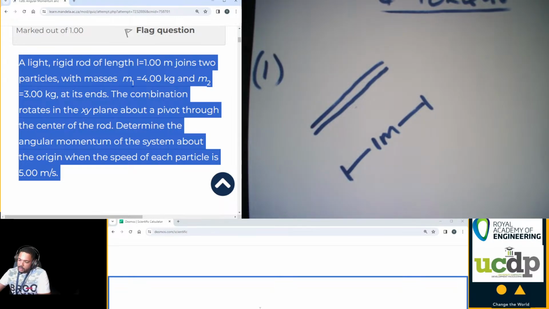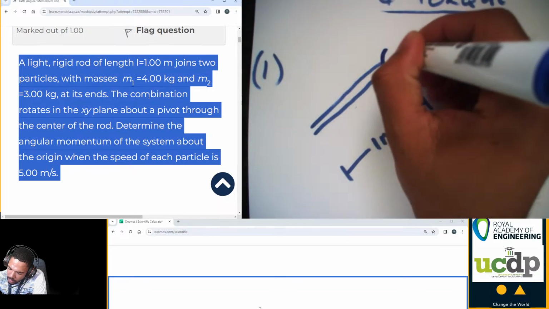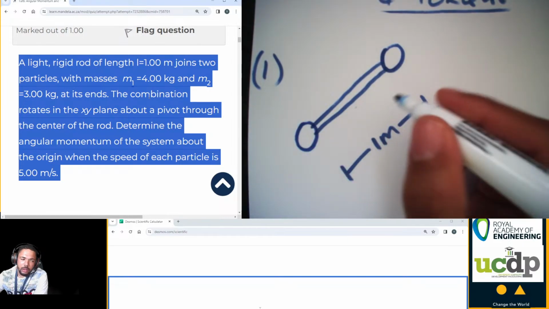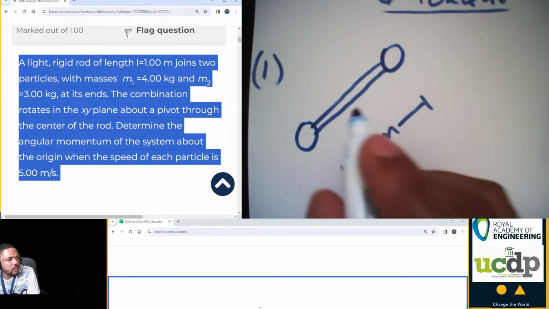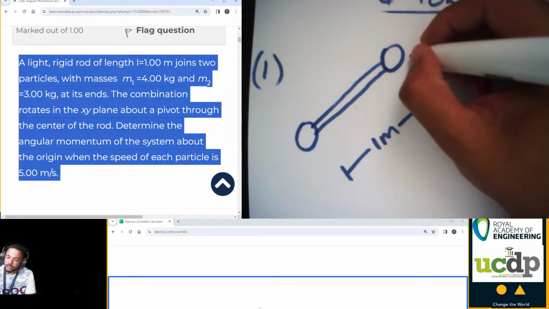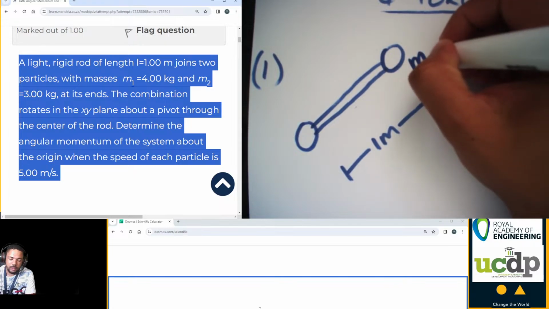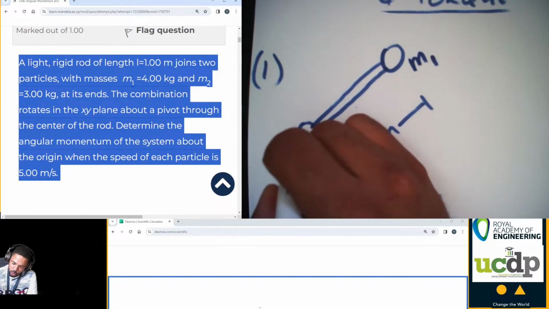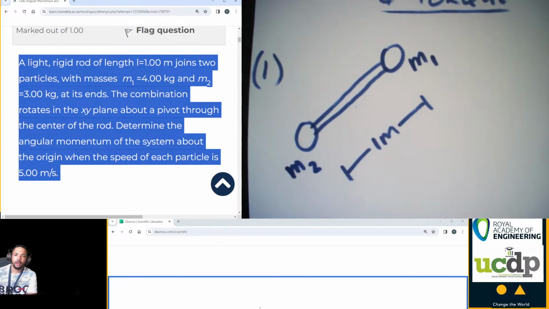So there are two particles. Here's one particle and this is another particle. You don't have to consider them as electrons or those types of particles. This is just a mass, so this is m1 and this is m2. They each have different masses.